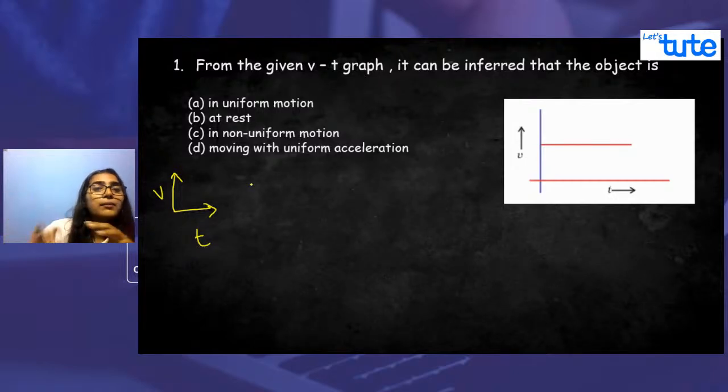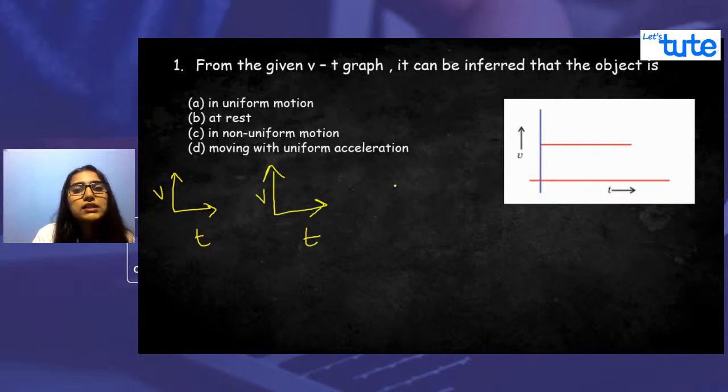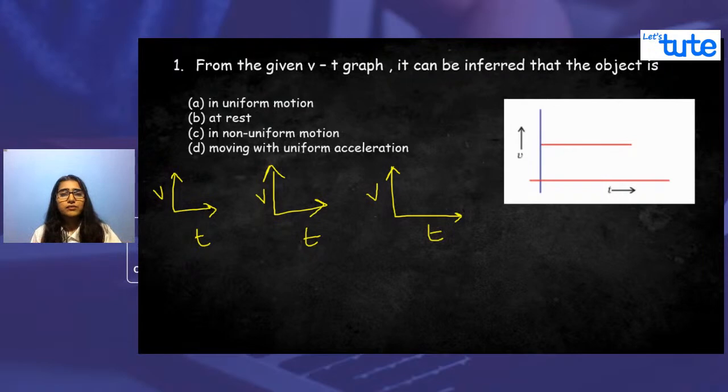And third, when a body moves with a non-constant acceleration, where the velocity is changing anyway. So there we have three types of graphs. First is when a body is moving with a constant velocity. Constant velocity means, in layman's terms, the body's velocity is not changing.